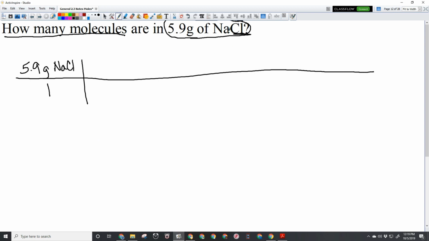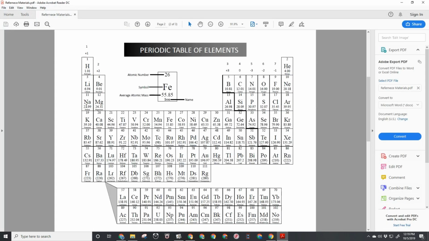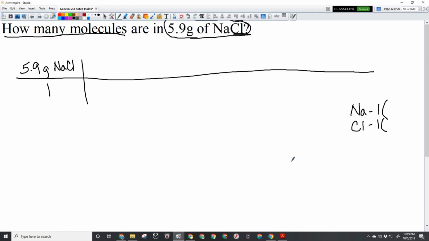We know we need the molar mass of sodium chloride, so let's go ahead and calculate it. We have 1 sodium, 1 chlorine. Sodium is 22.99, and chlorine is 35.45.